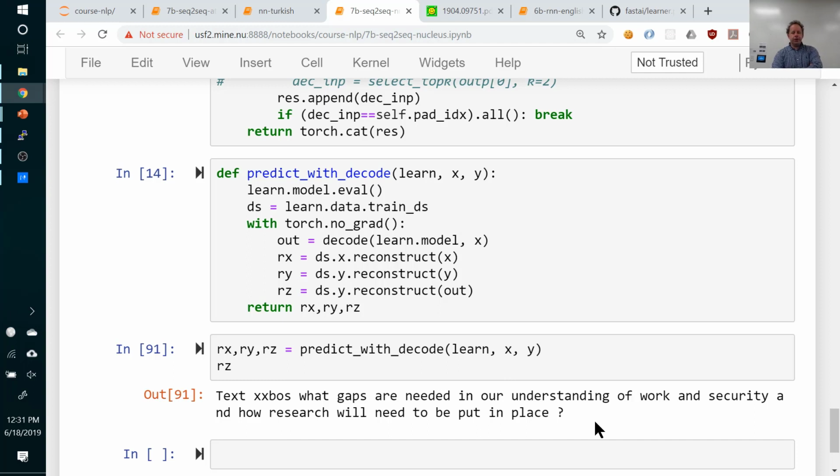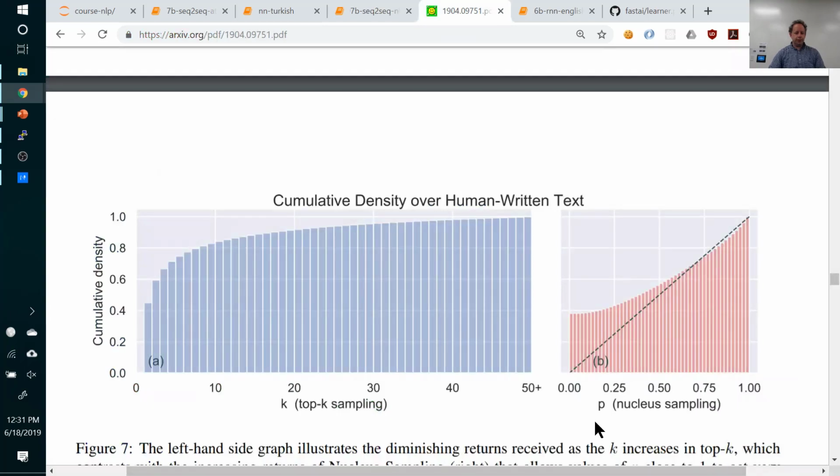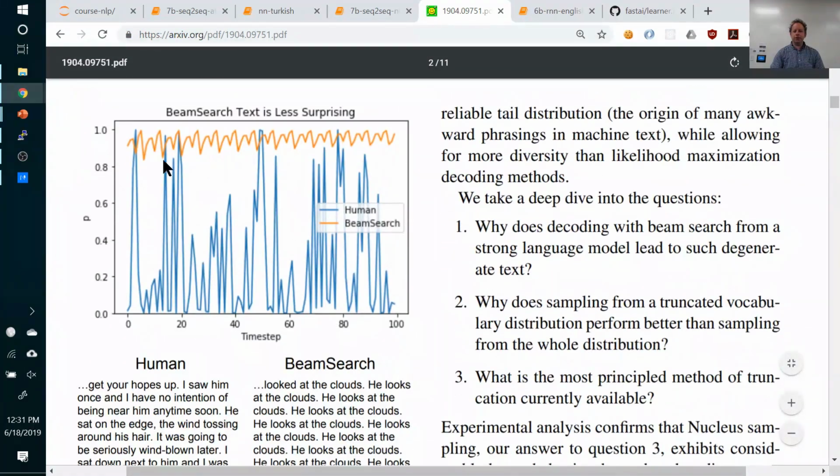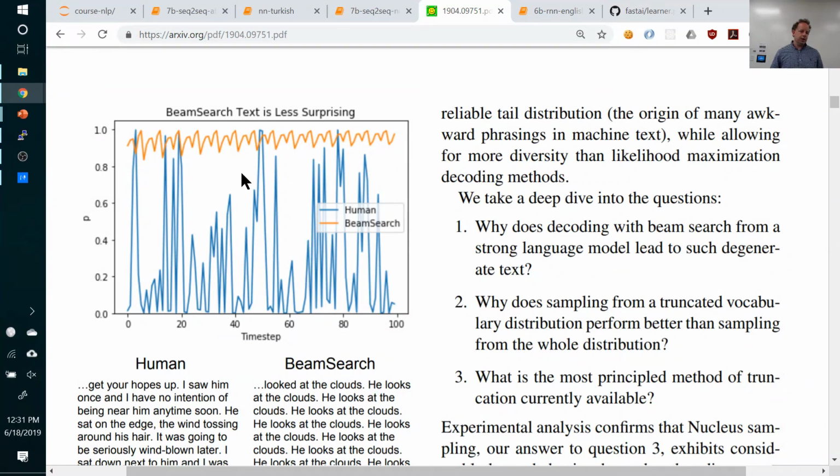I think, again, you end up with the problem that the nucleus paper pointed out, that you're going to end up picking overly high probability things too often. But as you can see, this is only a 2-month-old paper, so I would describe this as an open area of research, and these are some current best practices.